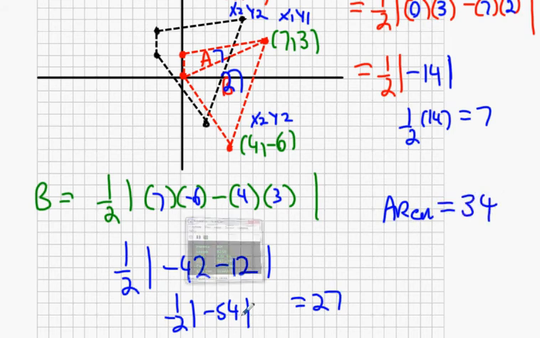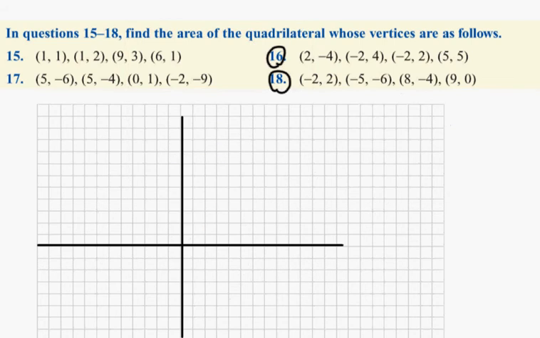How many people got 34? Again. Now, what we have here is minus 2, 2: minus 2 up, 2 across. We have minus 5, minus 6: minus 5 across and 6 down. We have 8, minus 4, 1, 2, 3, 4, and then minus 4 down. And then finally we have 9, 0, which is here.